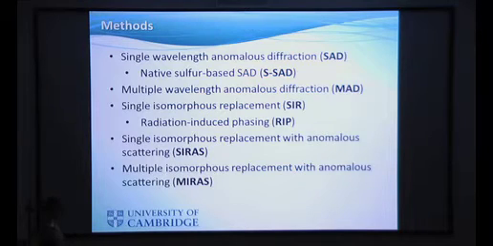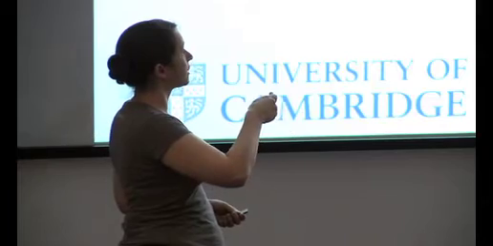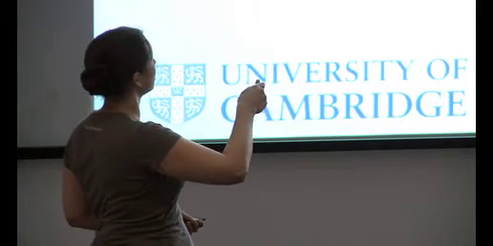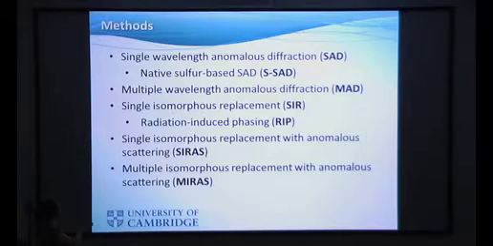These are all the abbreviations for the different experimental phasing methods. There is single-wavelength anomalous diffraction or dispersion, which is SAD, and a special case of this is if you use the native sulfur in a protein to phase it, which is sulfur SAD. Multiple-wavelength anomalous diffraction, called MAD, where you use more than one wavelength, as opposed to SAD. Single isomorphous replacement, SIR, where you have two crystals.